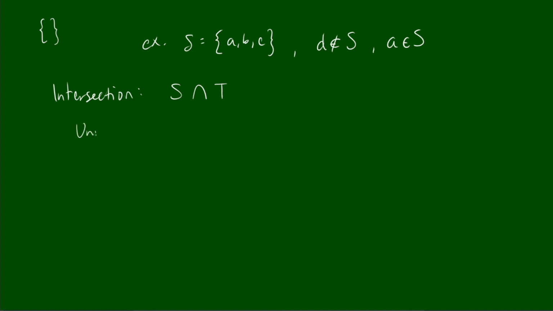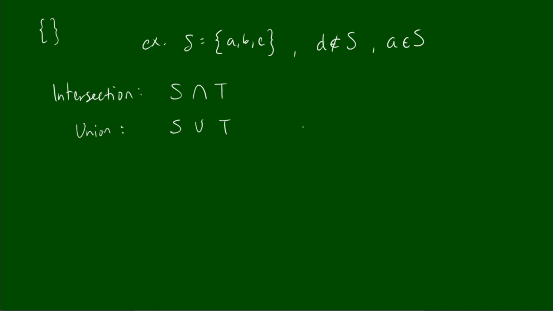The union, though, between 2 sets, and you guessed it right, is the collection of all the elements that belong to either S or T. So you're just putting all of the elements together. That is where the U comes from. It comes from the word union. So you would have S union T. The intersection is just flipping it over.